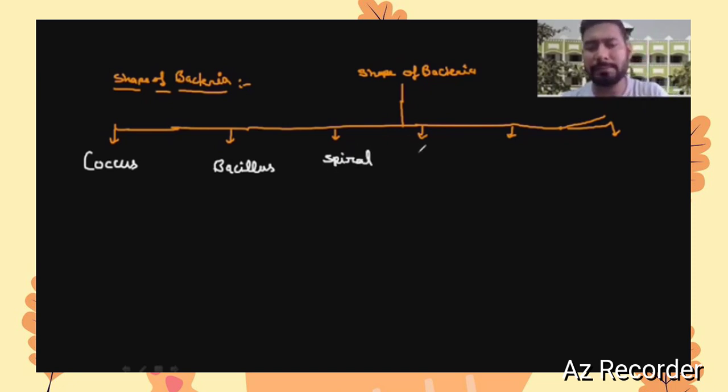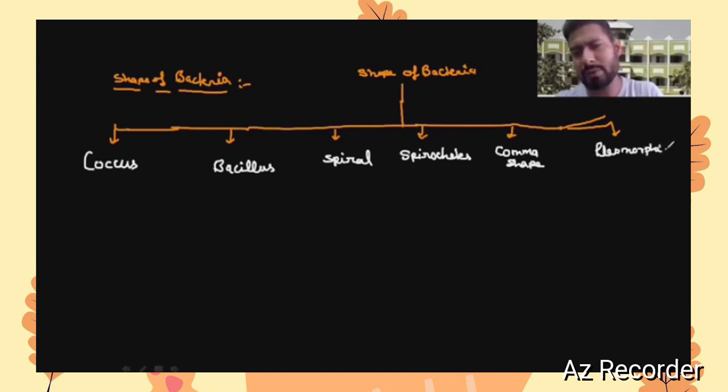And the next one is the spirochetes. And then comma shape bacteria. And the last one is the pleomorphic. Pleomorphic means they do not have a fixed shape. So pleomorphic bacteria, they don't have a fixed shape.